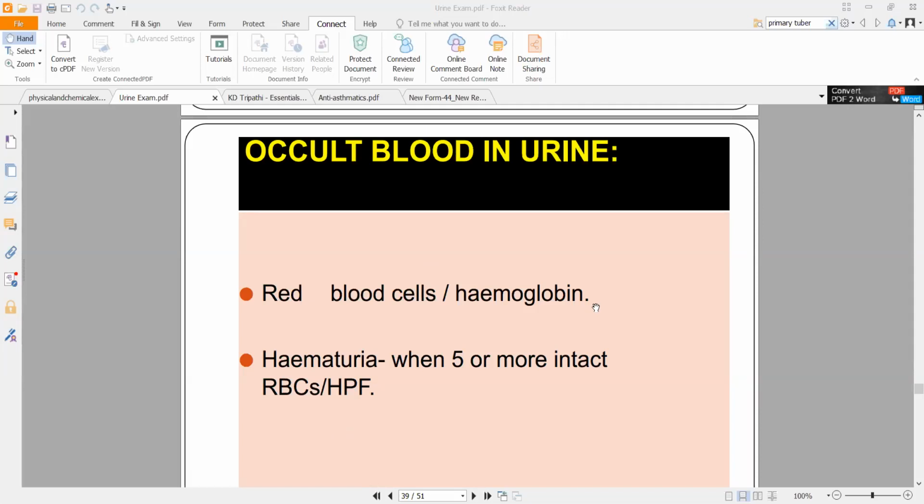In that, if you are able to find 5 or more intact RBCs, not broken, intact RBCs, that condition will be hematuria. So basically you're taking a little bit of urine and magnifying it to an extent that is 400 times normal vision, and if you are able to see 5 or more RBCs, that condition is hematuria. You're basically trying to detect for that.